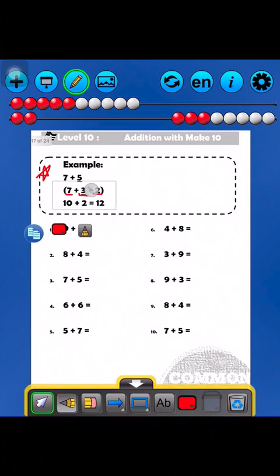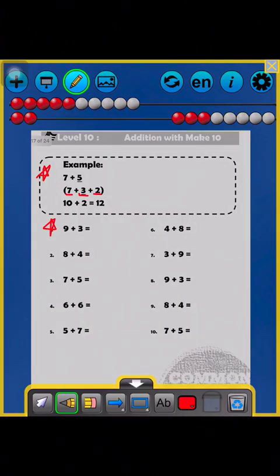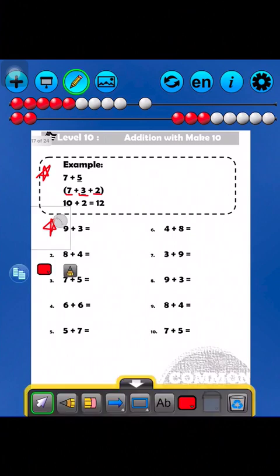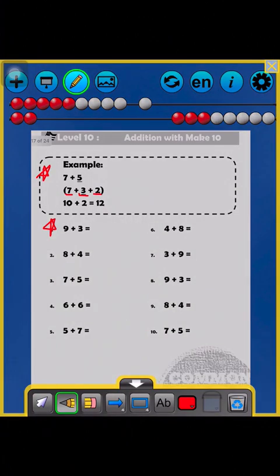Now let's have a look at the first one. 9 plus 3. So we may regroup it by taking away 1 from 3, so that we can give 1 to the 9 to form 10, which means it's 9 plus 1 plus 2.